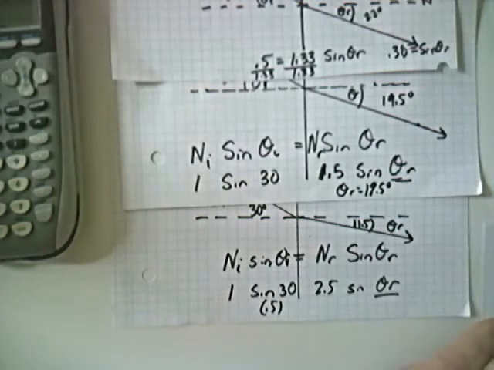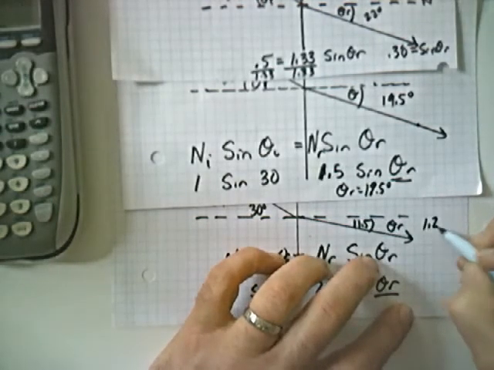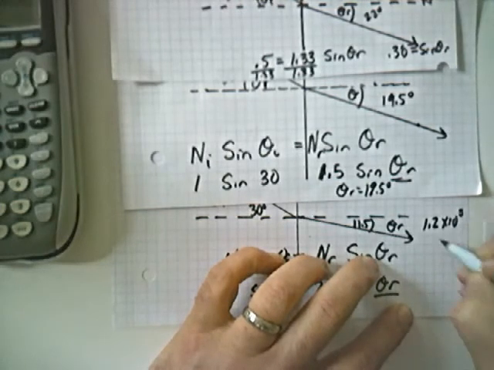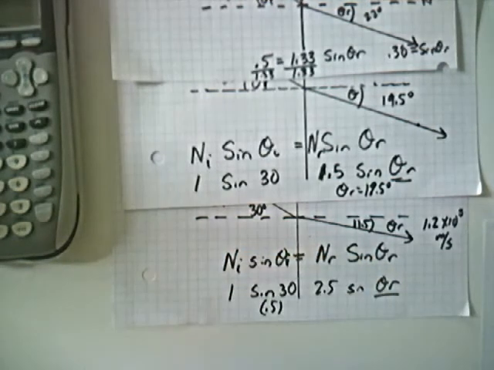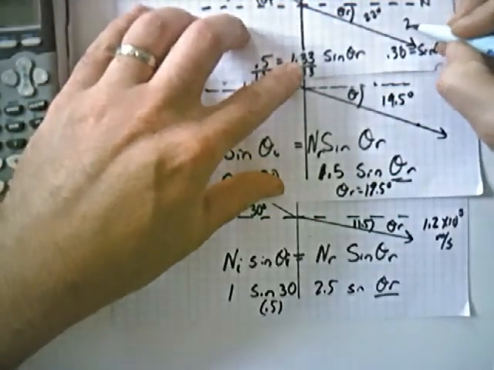Let's talk about the speeds. What was the speed of light in diamond? The speed of light in diamond was 1.2 times 10 to the 8th meters per second. Let's compare that to the other ones. The speed of light in water was 2.26 times 10 to the 8th.